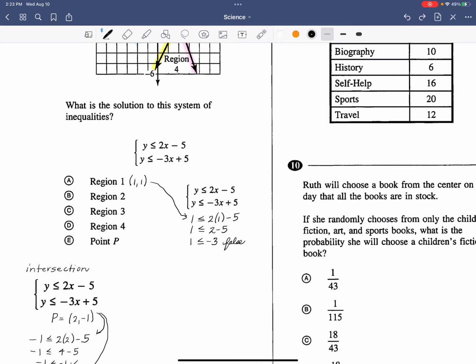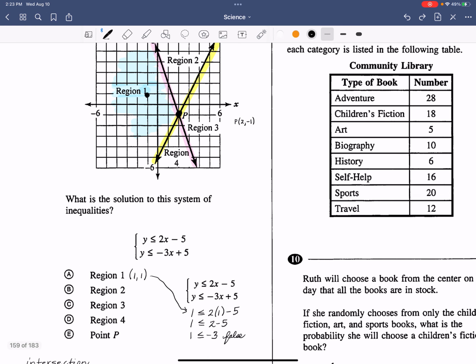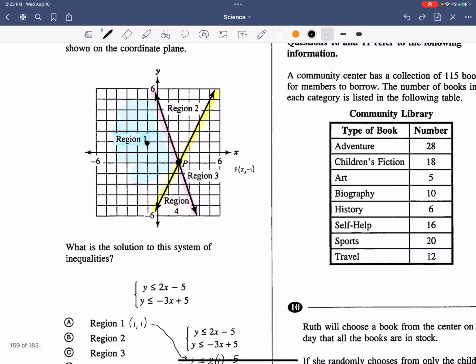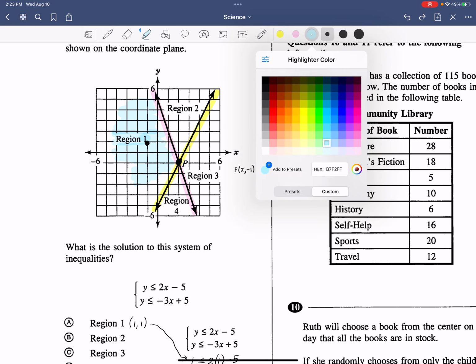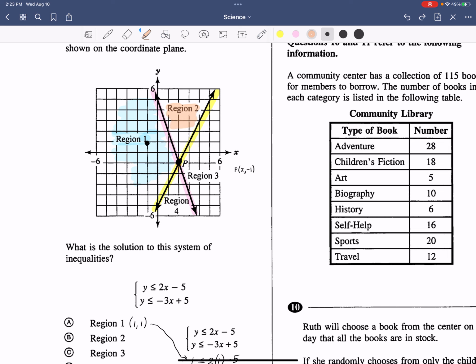So let's pick a point in region 2. And again, I would make sure that students know which region they're looking at, because that could be a big problem. So region 2 is up here, and I'm just going to pick a point that's easy to work with, maybe right in here. So it is over 2, up 1.